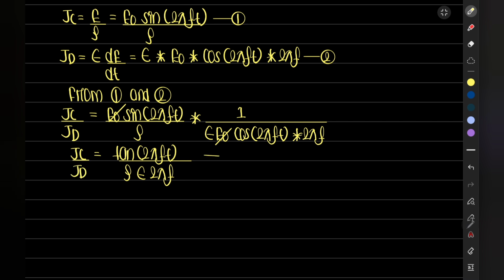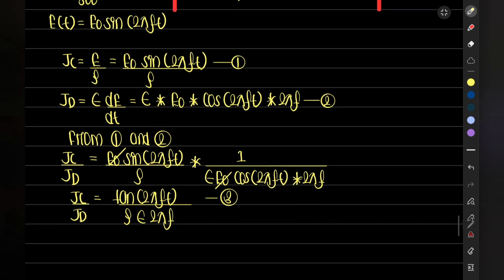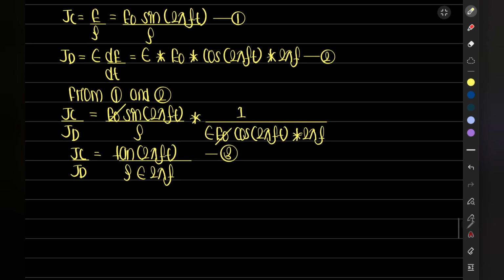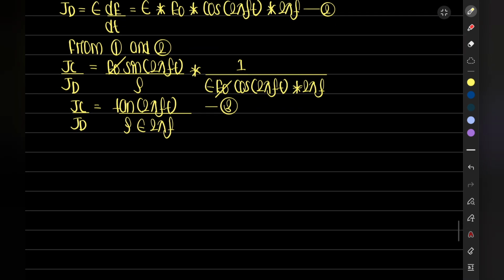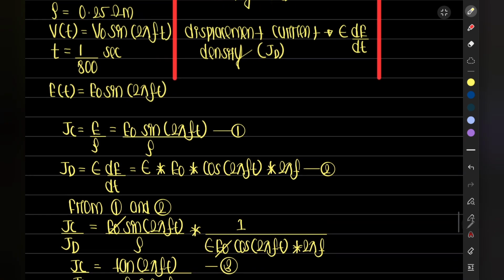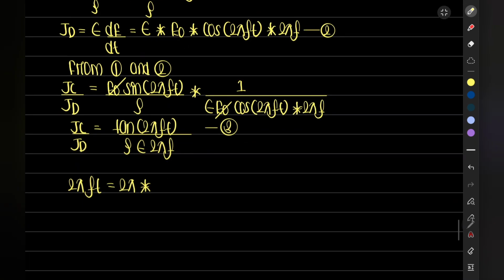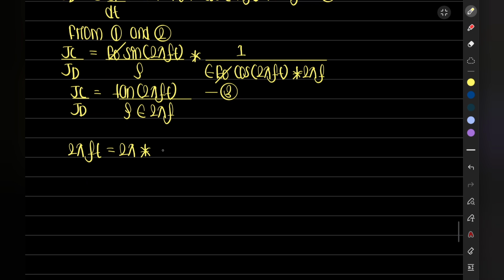Now I am giving this equation a name, equation number 3, because I will need the value of 2 pi ft. So first I will find the value of 2 pi ft. Let's find the value of 2 pi f into t. 2 pi as it is. The frequency given is 9 into 10 to the power 2 hertz.